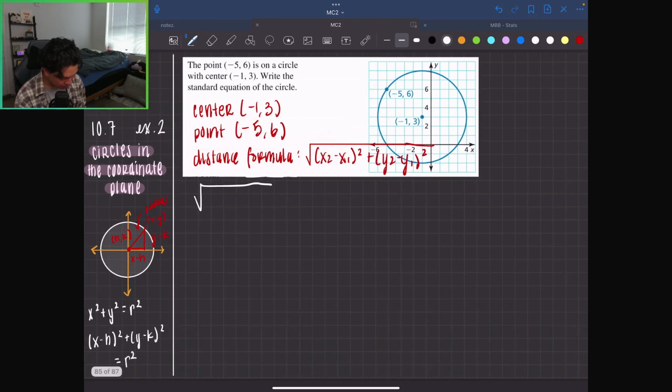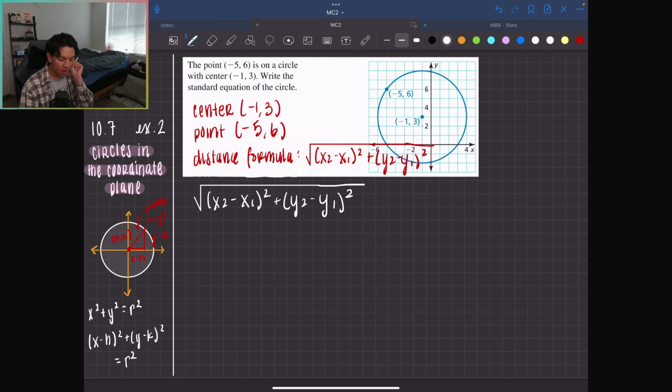The square root of the difference of our x's squared plus y sub 2 minus y sub 1, the difference in our y values squared. Okay? The reason why we're finding the distance between these 2 points is because that's the radius. So if we're given the radius of something, then that is going to be such a big help for us to create an equation of a circle, okay?